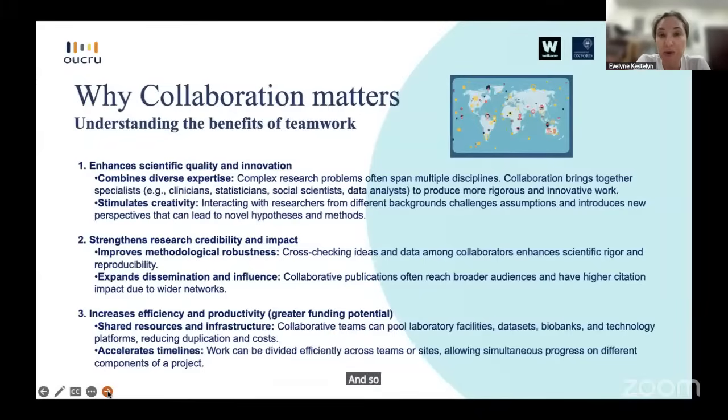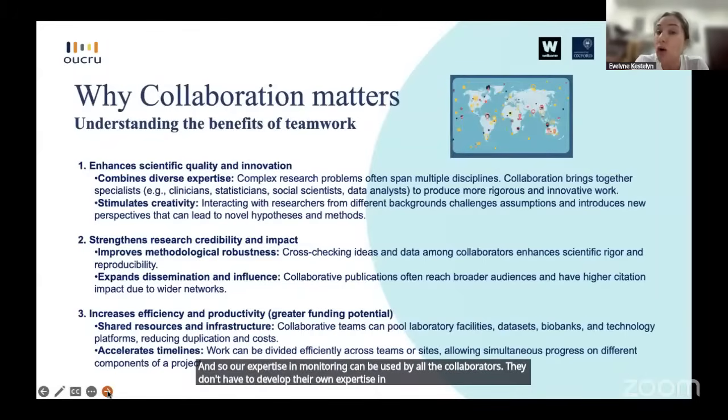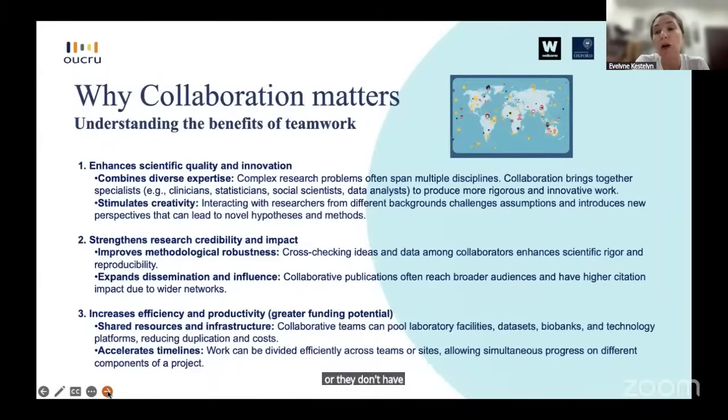And so our expertise in monitoring can be used by all the collaborators. They don't have to develop their own expertise in monitoring, or they don't have to outsource it to CROs that are quite expensive. But no, they can use our monitoring expertise across the network for that clinical trial. And so in sharing resources and infrastructures, that means that you can be more efficient, and you can potentially engage in bigger research proposals. It can also accelerate timelines.